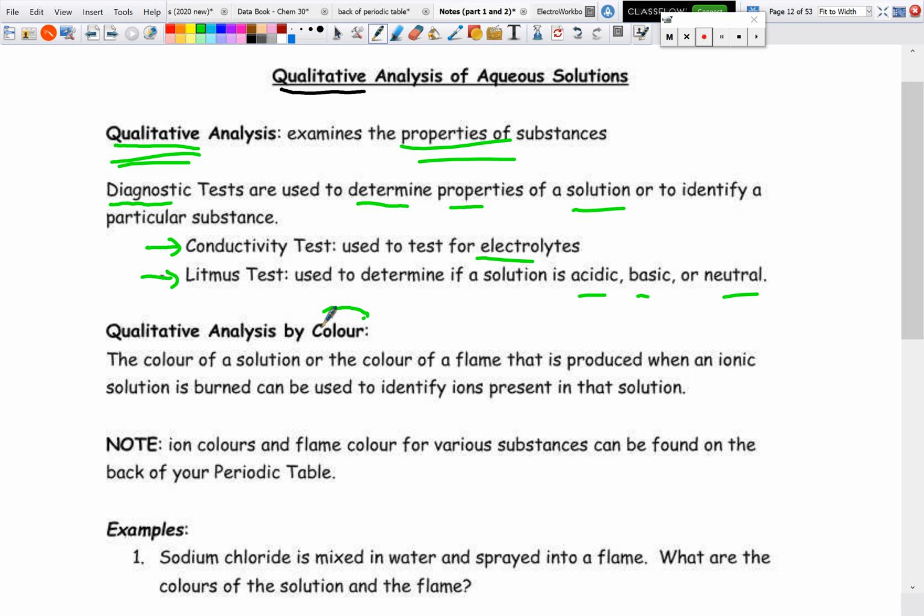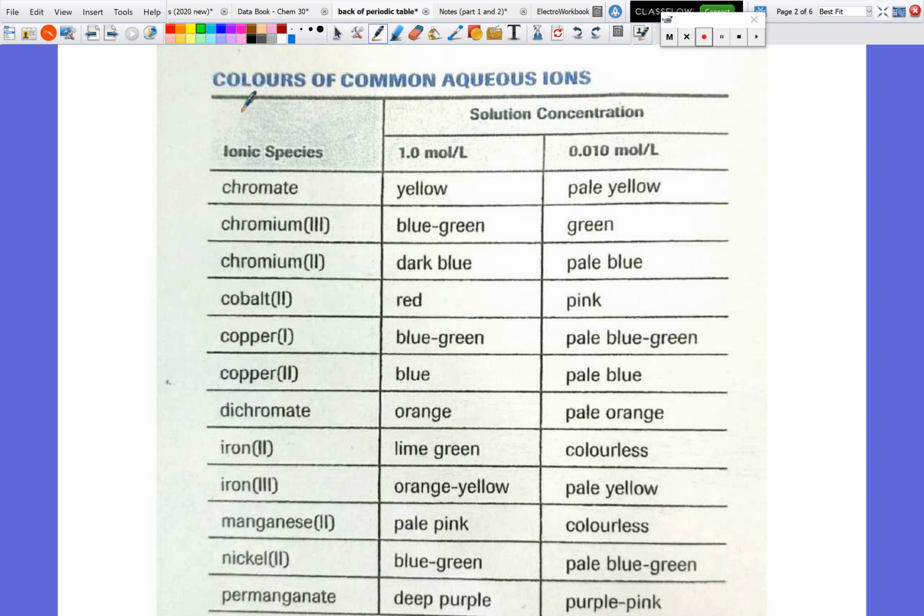And one of the things is we can look at color. If you look at the back of your periodic table, you should have something that says colors of common aqueous ions. So we have chromate, chromium 3 ion, chromium 2 ion, cobalt, copper 1, copper 2, and dichromate.